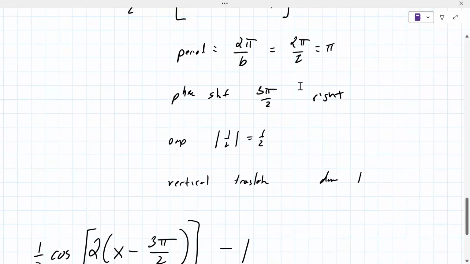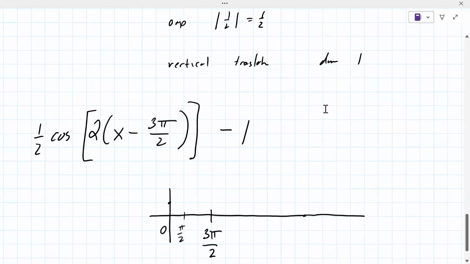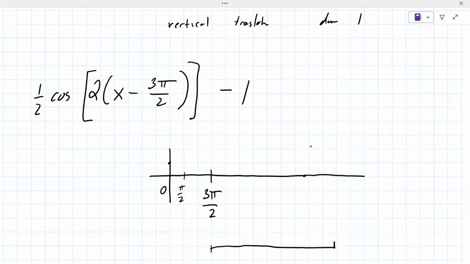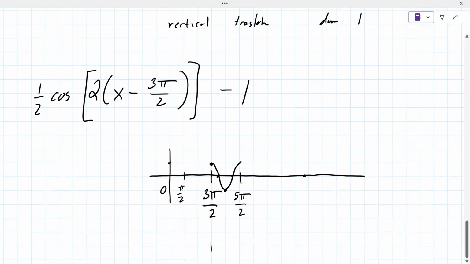One period is pi. Because one period is now 5 pi over 2, our entire cosine graph has to fit in this little window. I don't know why teachers do this, because they're hard to grade. So the cosine graph has to hit 5 points there, there, and there. Here's your cosine graph in that little window, 3 pi over 2 to 5 pi over 2. Period is pi.